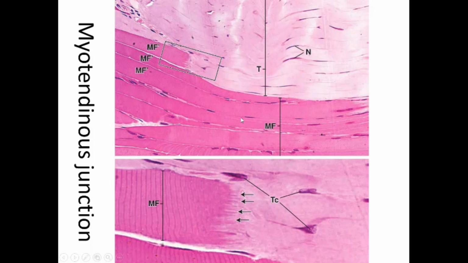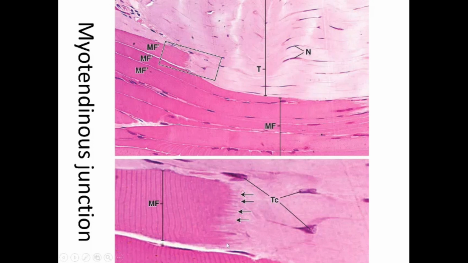When we magnify it, you can see the muscle fibers end in this part, and from this part the tendon starts. The junction between the tendon and the muscle should be very tough and very firm. These two tissues should be firmly attached together.